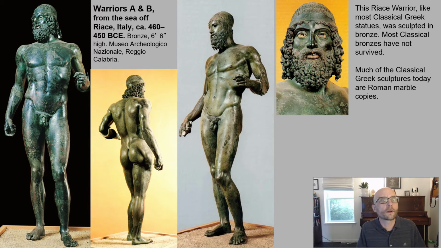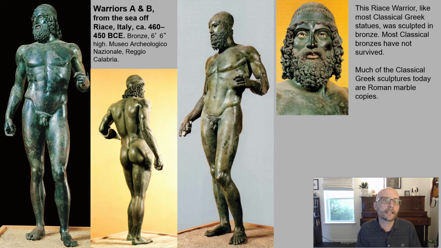As you can see, these sculptures are in incredibly good shape. Warrior A still has the inlaid, I believe seashell, in his eye, and even has teeth. And you can see that his lips have a patina. Patina is when you stain the metal. The image on the right doesn't have those things, but otherwise he's still intact.